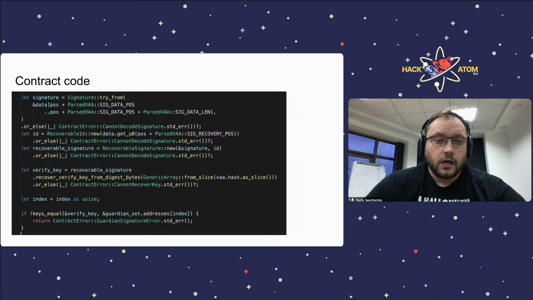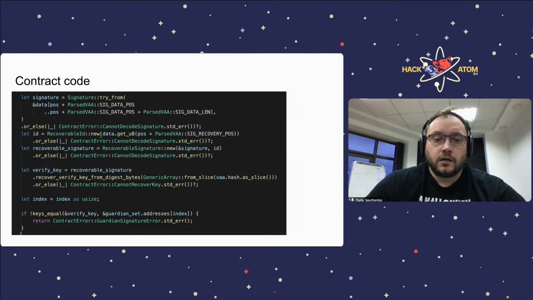Right, a part of the code, how these libraries are used. Many scary things out there, like contract error, but these are custom errors of our contract. What is essentially done?